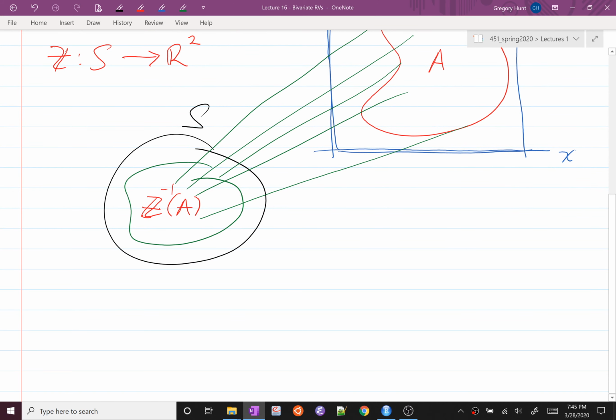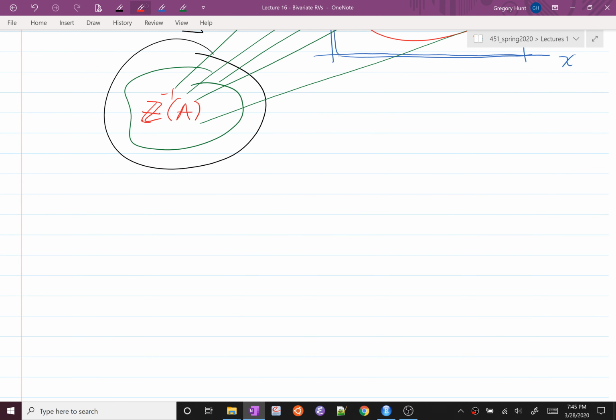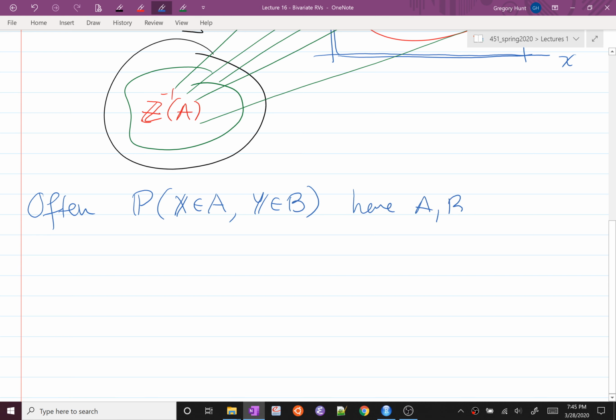So we'll often write something like probability x is in A, comma, y is in B. Here, A and B would just be subsets of the real line. X and y are themselves univariate random variables, so just the normal random variables we've been talking about up to this point, univariate meaning one-dimensional.